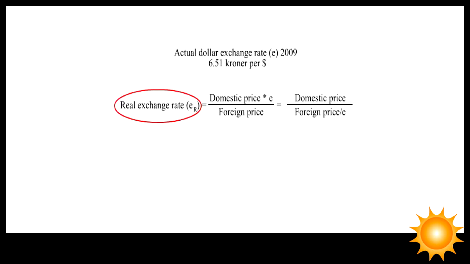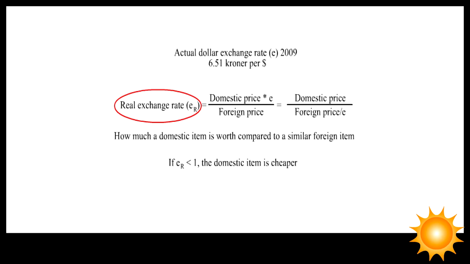The real exchange rate, E sub R, tells us how much a domestic item is worth compared to a similar foreign item. If the real exchange rate is less than 1, the domestic item is less expensive. If the real exchange rate is more than 1, the domestic item is more expensive.